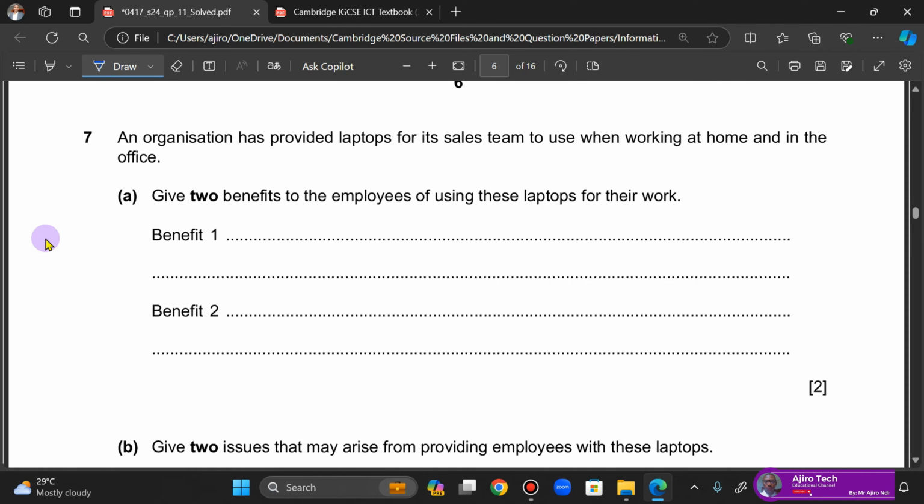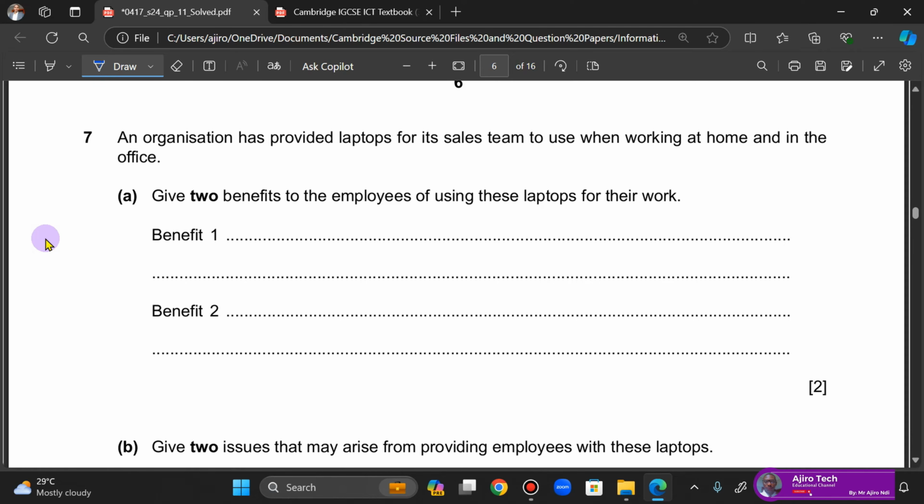So this covers a lot because we're looking at so many things here. We're looking at security issues, which is chapter 8. We're looking at the laptop itself, which is chapter 1. So it's cutting across.